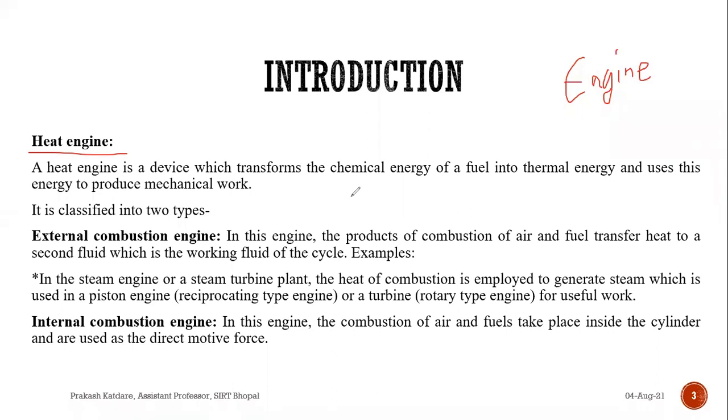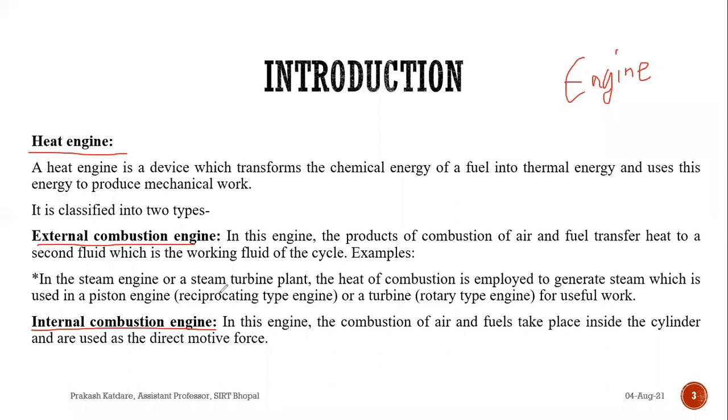These heat engines can be classified into two categories. The first one is external combustion engine and the second is internal combustion engine. External combustion engines are those in which the combustion takes place outside the engine, whereas in internal combustion engine, the combustion is taking place within the engine cylinder.